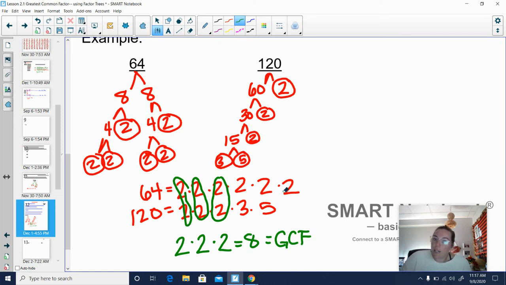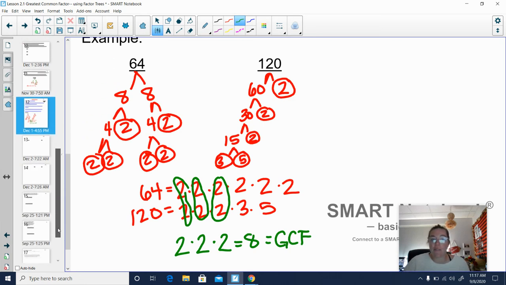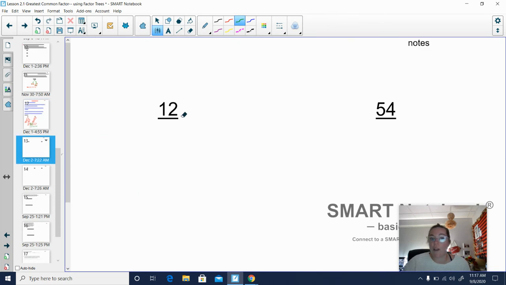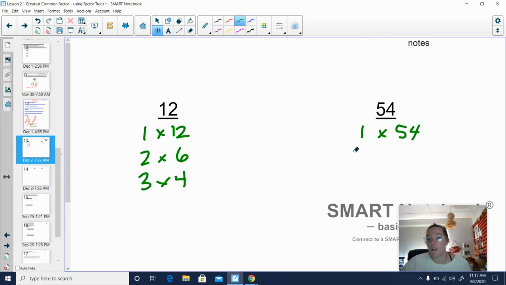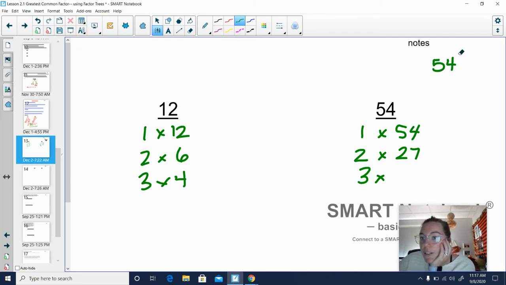So this might be a little bit more complex, but once we get the hang of it, I promise it works super duper easy. So it's up to you however you would like to find your greatest common factor, whether it's by listing: 1 times 12, 2 times 6, 3 times 4, and 1 times 54, 2 times 27, 3 times... oh shoot. This is why I like to prime factor.